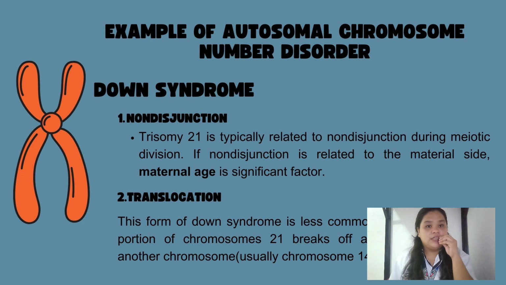So, pag nalaman nila na yung baby is may translocation Down syndrome, ititest nila yung parents' chromosome para malaman kung galing ba sa parents nila yung tinatawag nilang translocation Down syndrome, or napasa ba mula sa parents to offspring.